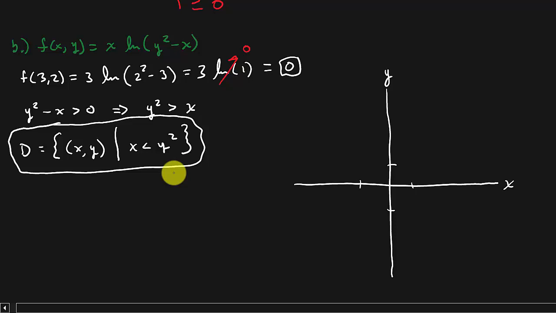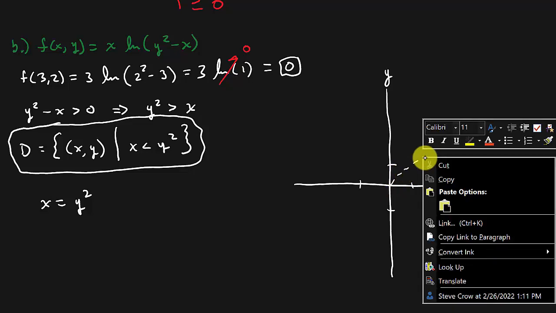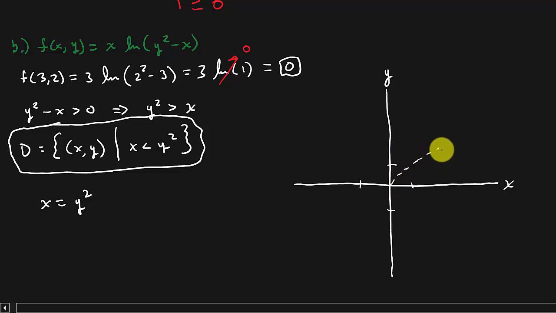Well, do we know what the graph of x equals y squared looks like? That's a parabola that opens to the right. So our graph is going to look something like this. It's a parabola that opens to the right.